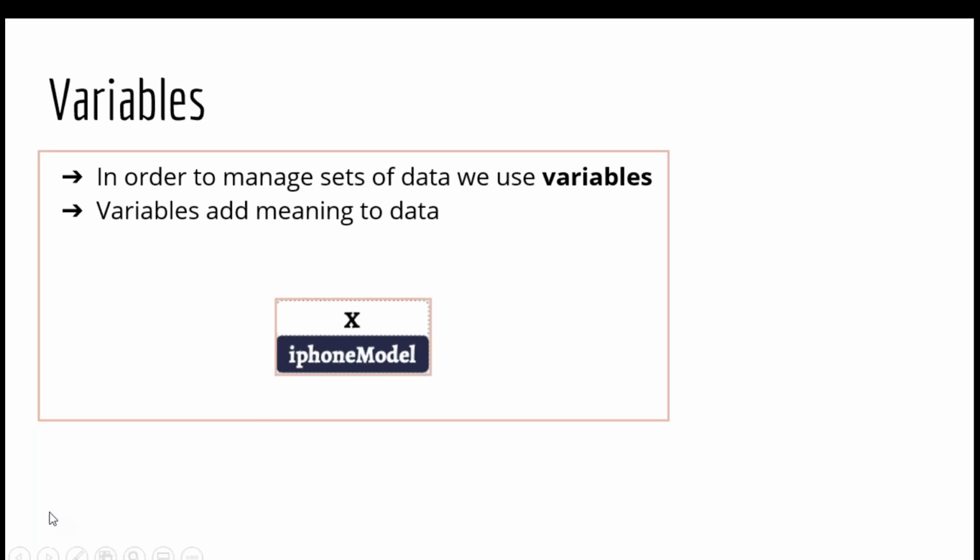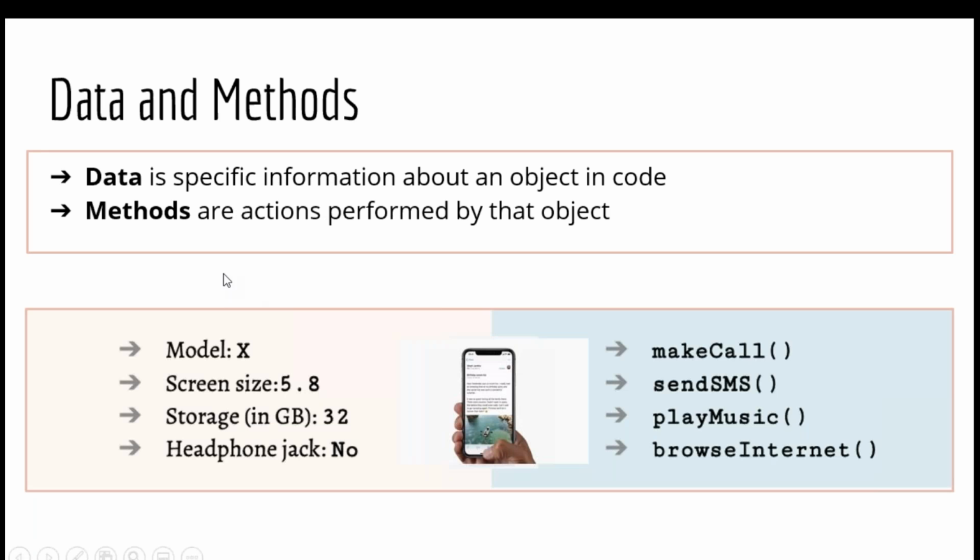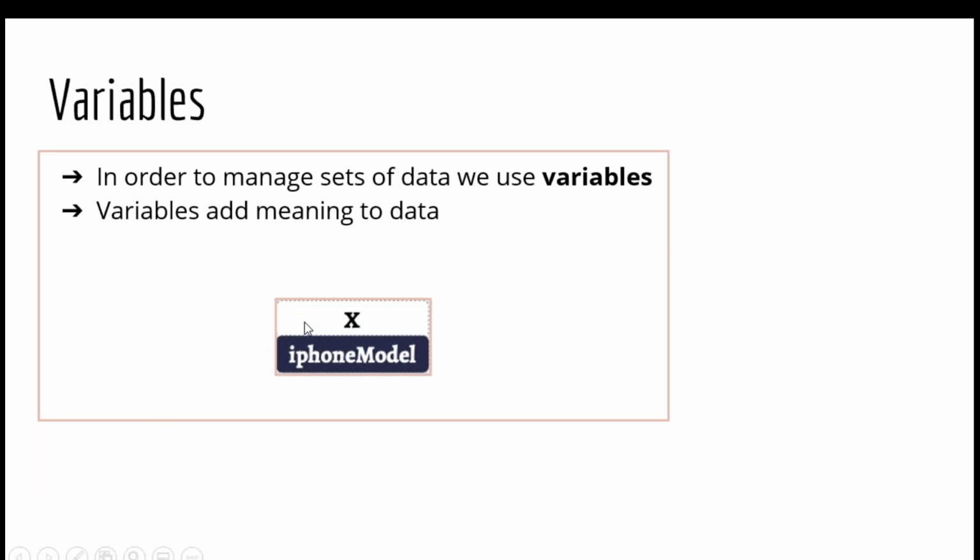If I go back to our previous slide, as you can see, the model of the iPhone is X. Since the model was X, you can give it a variable name of iPhone model, which accurately describes the actual model type.